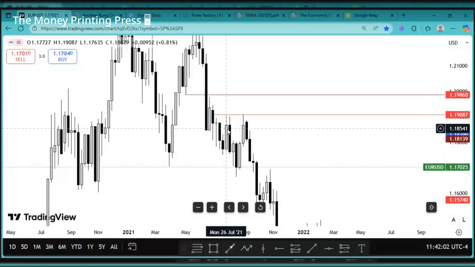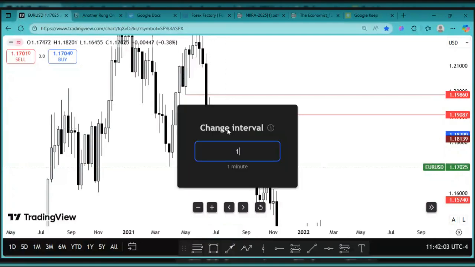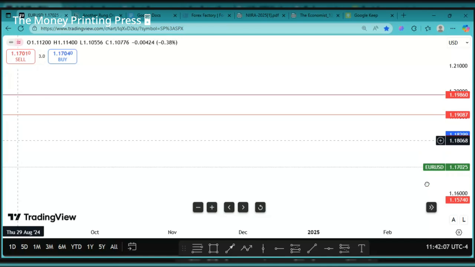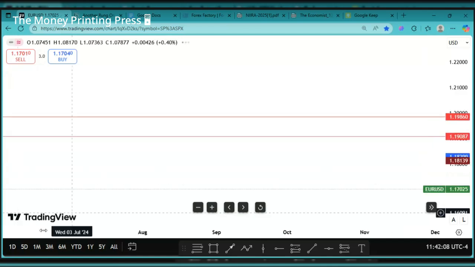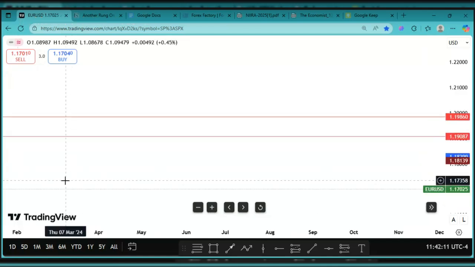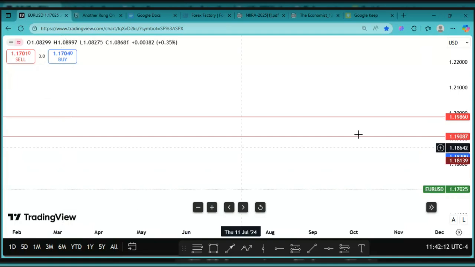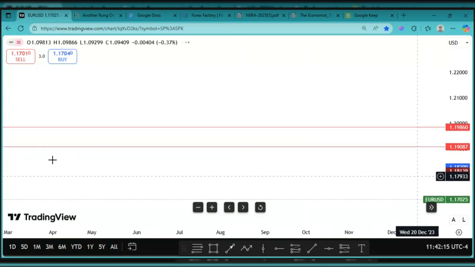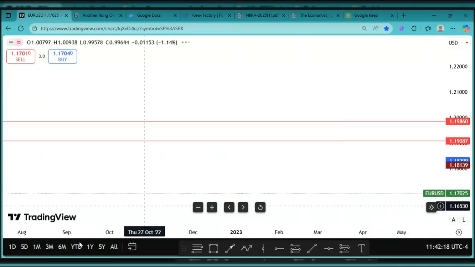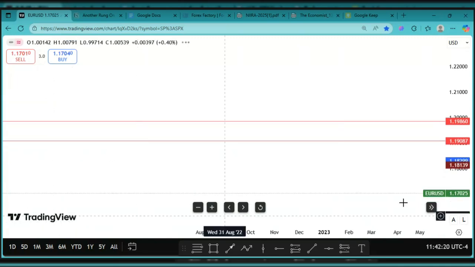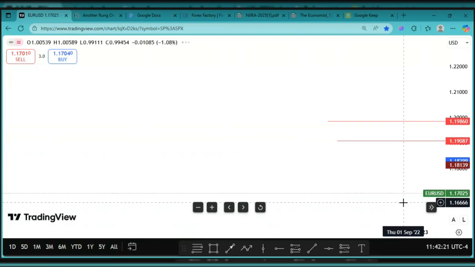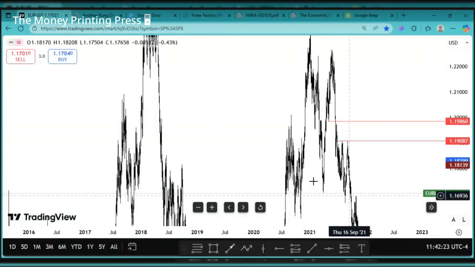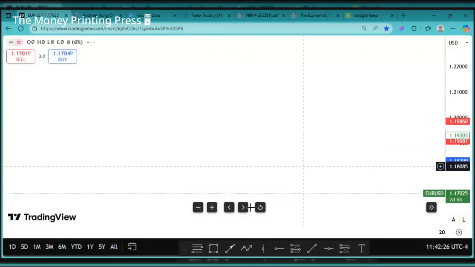And let me check on the daily, probably it will be clearer on where they are. Oh, it's even higher. Okay, let's check on the 1 month.